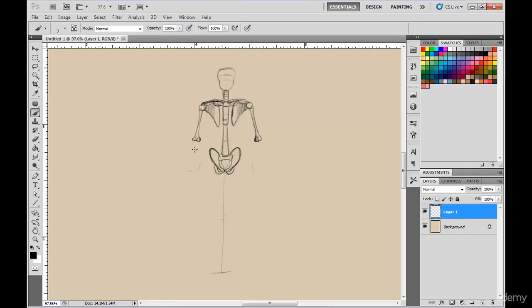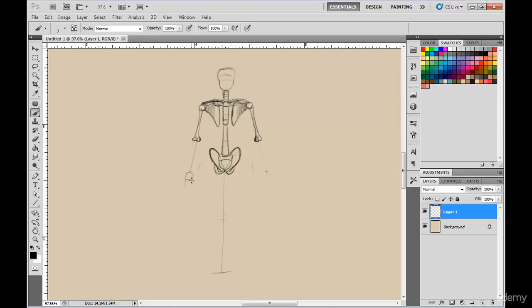So the first thing we're going to do is have a mark down here for how long these are going to be. They're going to be about the same length as the humerus bone, to about here. And then we're going to put a general idea of how big the hands are going to be, including the fingers. So you'll have the general square here. Remember, the hand is about as big as the skull, almost. So the hand with the fingers is about that tall.